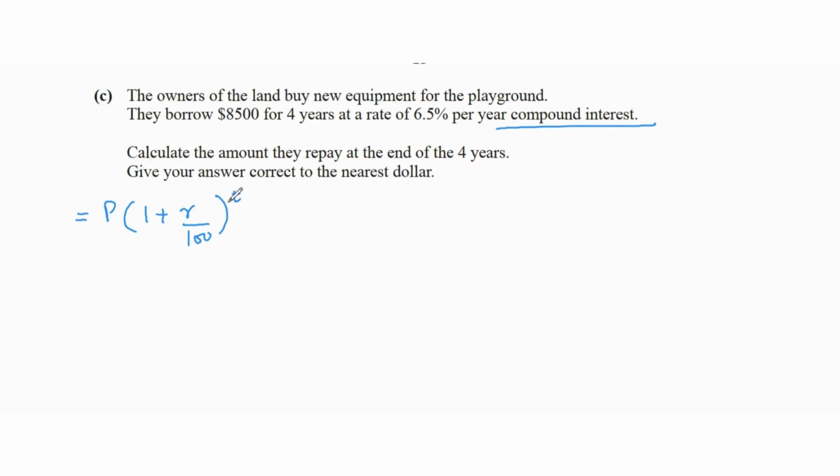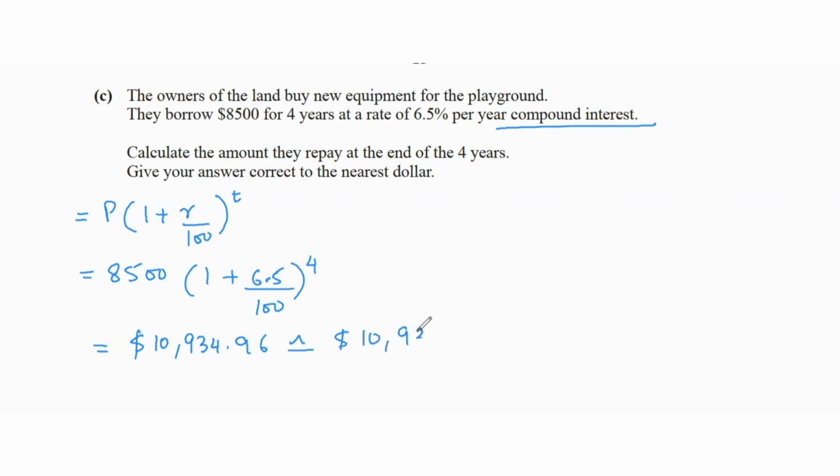So that's 8,500 because that's what he borrowed, times 1 plus 6.5 over 100, to the power of 4. This gives us 10,934.96. Since it says correct to the nearest dollar, that's 10,935. That's your answer.